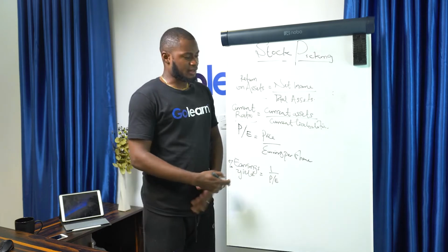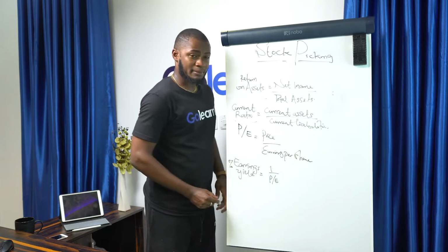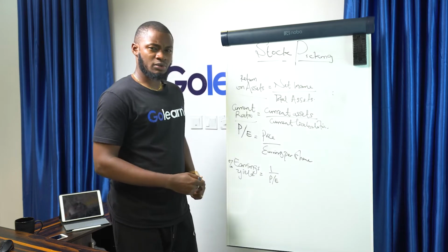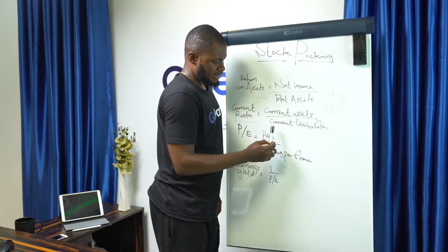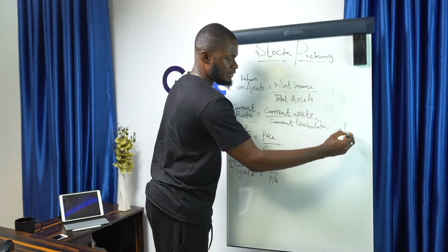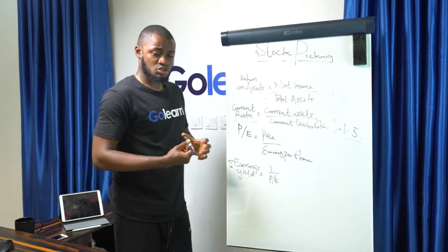The current ratio is calculated with the current assets divided by the current liabilities. If you remember in the last module, I talked about having your current assets divided by the liabilities be greater than 1.5. This is a financial ratio that you need to know.